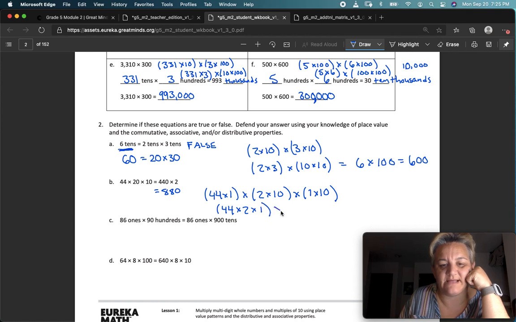And then on this side, I'm going to put the 1 and the 10 and the 10. 1, 10, 10. Okay, so here I'm going to have 88 times 1 is 88. And then 1 times 10 is 10, times 10 is 100.